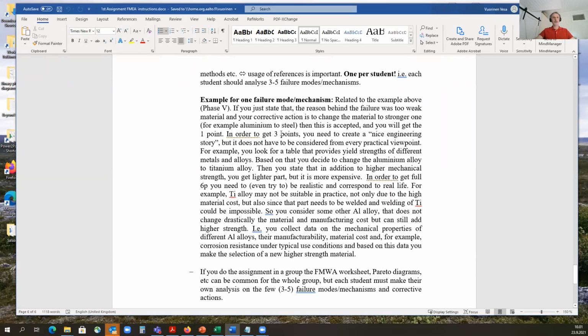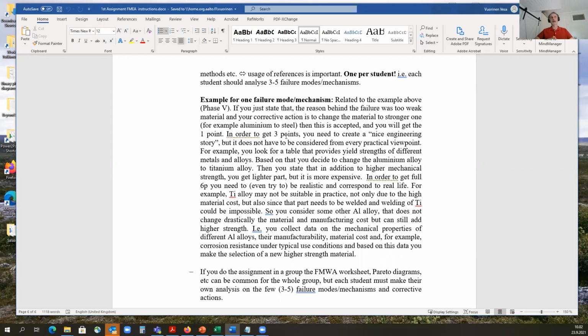In order to get 3 points, so half of the 6, you build, let's say, a nice engineering story behind it, but you don't need to look at it from every practical viewpoint. Based on you thinking that you have something which is too weak mechanically, you check, okay, let's change the aluminum alloy to titanium alloy, and then you discuss a little bit what it means from the processing point of view to have titanium alloy instead of an aluminum alloy.